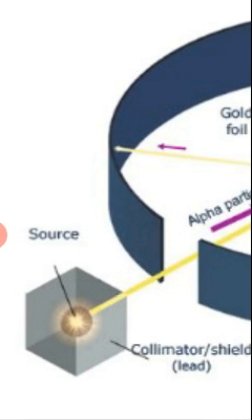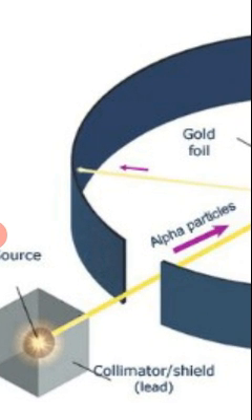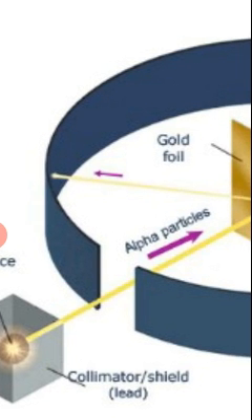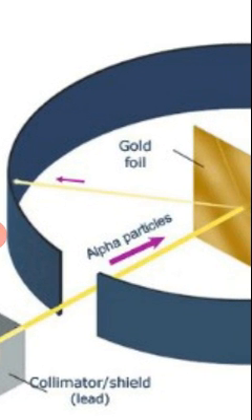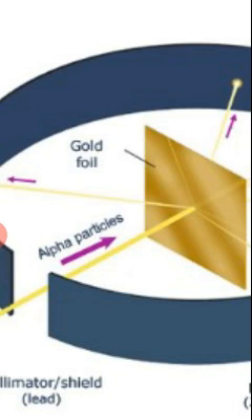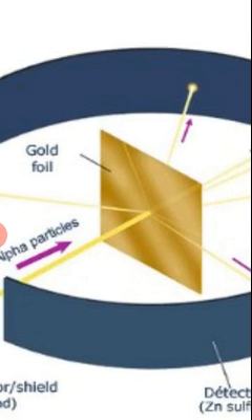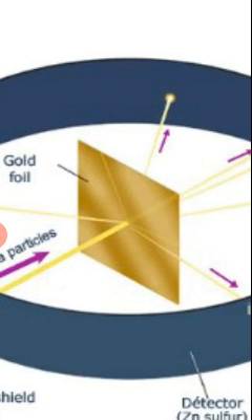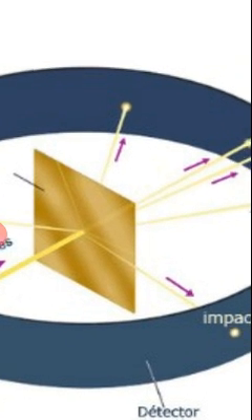This box is the source of alpha particles, that is a radioactive element. Radioactive means that which gives radiation, continuously emitting radiation by itself. Alpha particles are positively charged, doubly positive charge, equal to helium particles. When they strike the gold foil, the golden yellow color of gold, most of the particles passed.